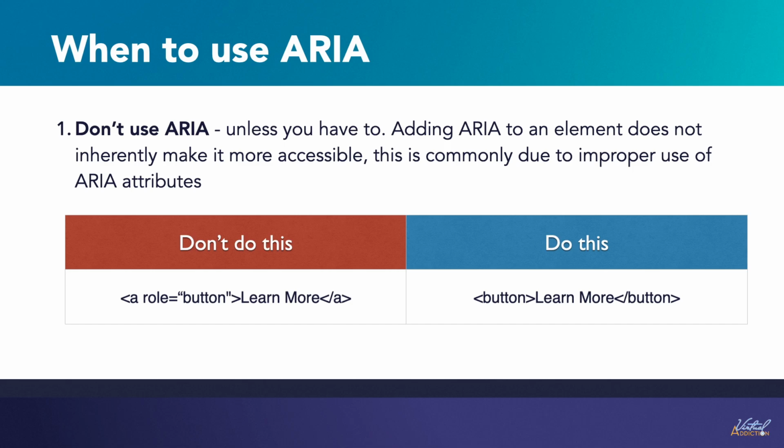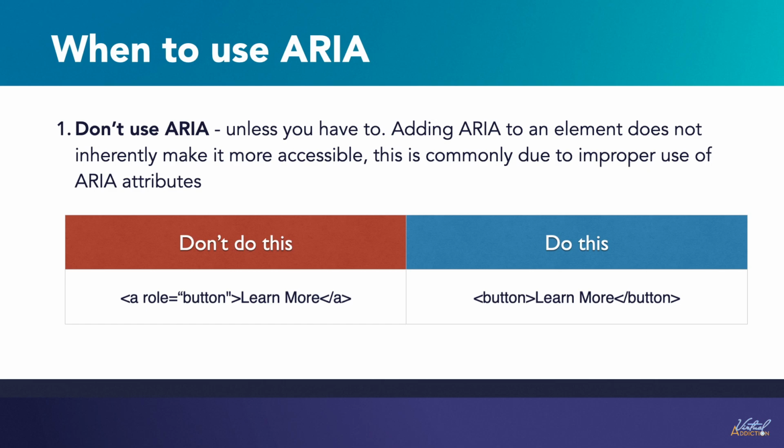There are, of course, exceptions to this rule. ARIA is required when an HTML element doesn't have accessibility support. This could be because the design doesn't allow for a specific HTML element, or the wanted feature or behavior just isn't available in HTML. These situations tend to be a little bit more uncommon.